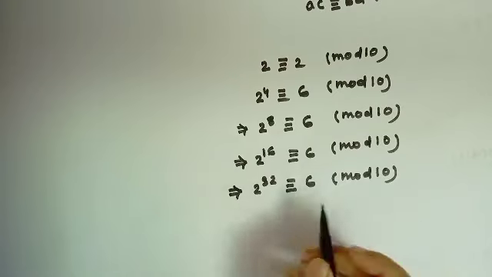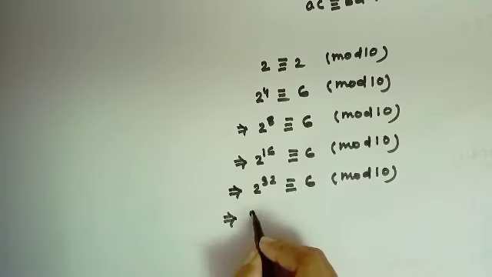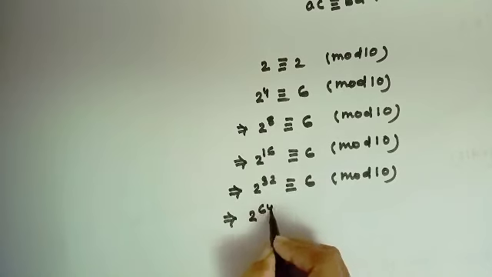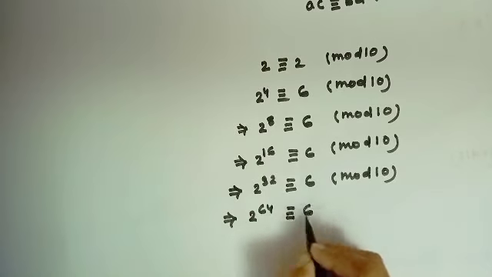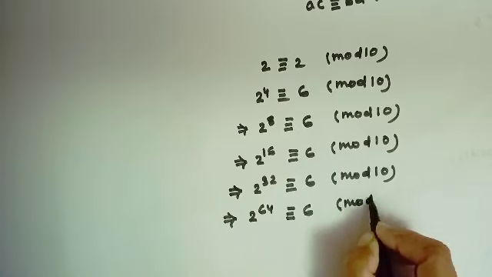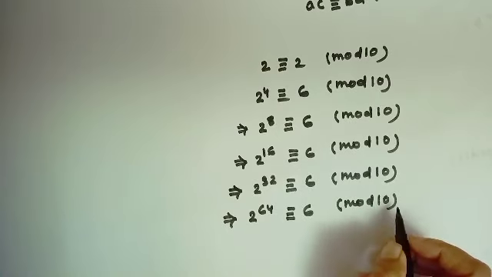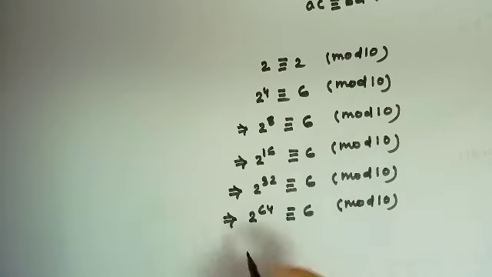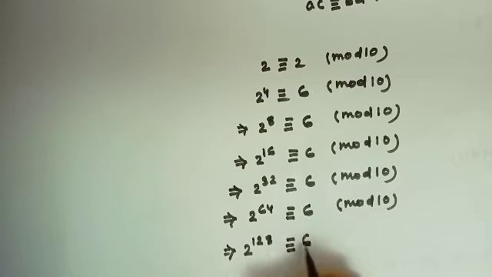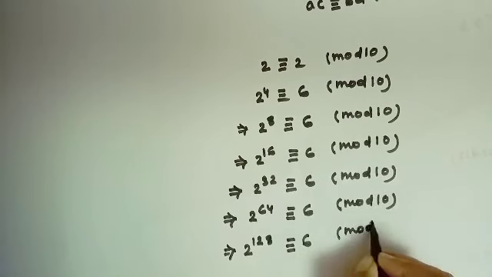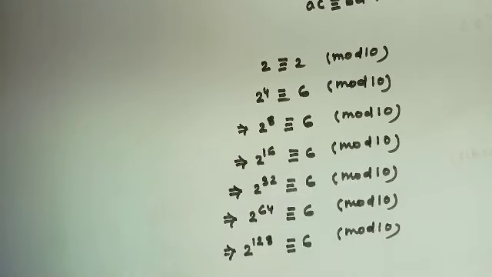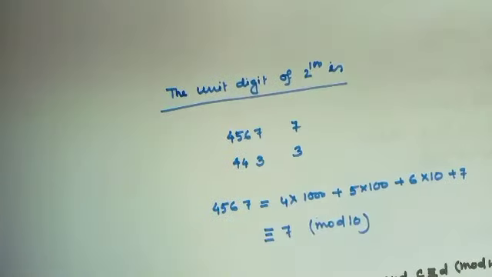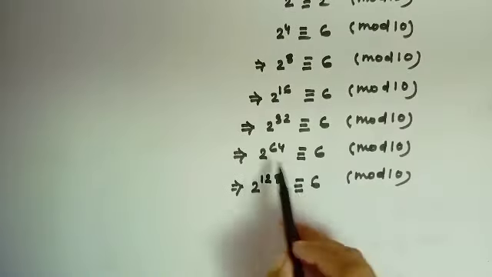Again squaring, 2 to the power 64 is also congruent to 6 modulo 10. If you square again, you get 2 to the power 128 congruent to 6 modulo 10. But in that question it is given 2 to the power 100, so we have to stop here.